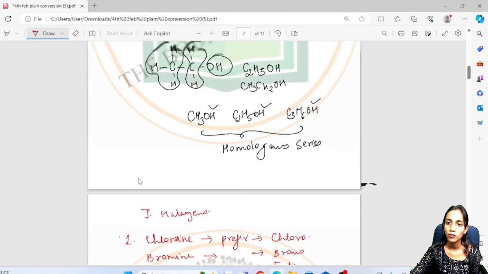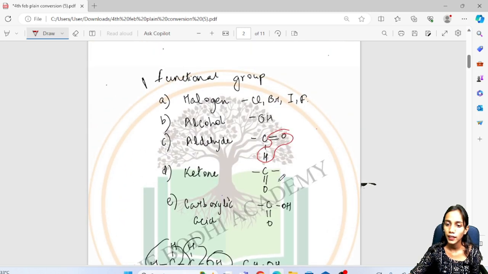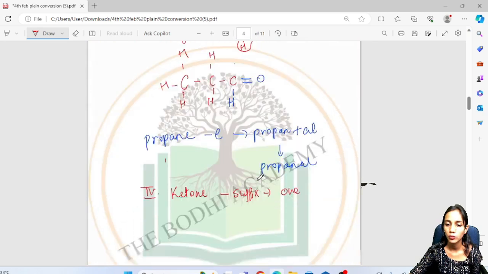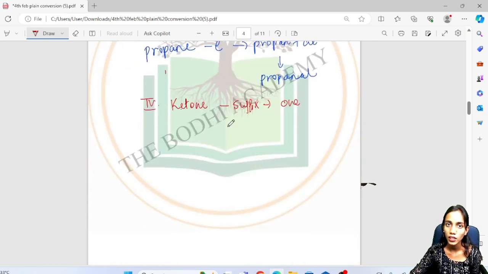Now the formula for ketone is C double bond O. There is no H, there is no OH. It is just C double bond O. So when you write C double bond O, it should be on a carbon which is present in between. It can't be the carbon at the end, because you do not want H or OH for the valency to be satisfied. It should have carbons on either side.